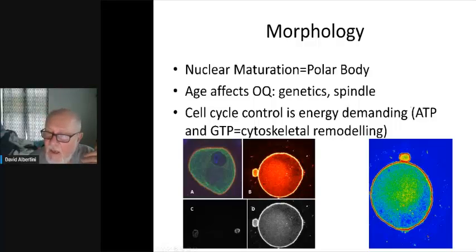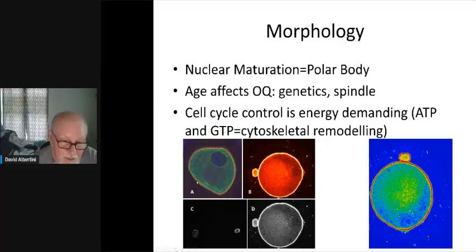These are all very high energy consuming reactions that involve, in approaching metaphase arrest, the hyperphosphorylation of many proteins, and in leaving that state with emission of the second polar body and egg activation, the dephosphorylation of these. And at the very outset, there are dramatic changes in the organization of the cytoskeleton, okay?